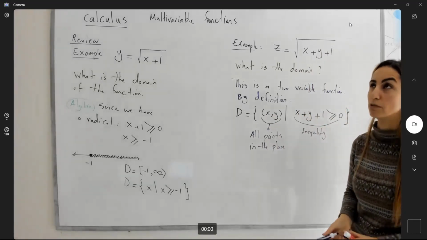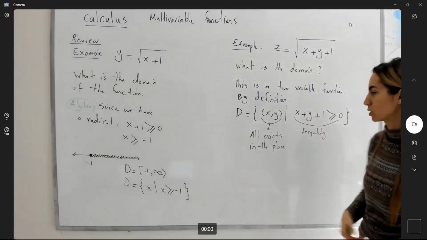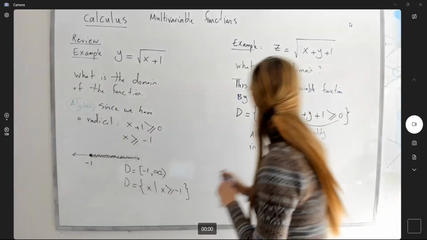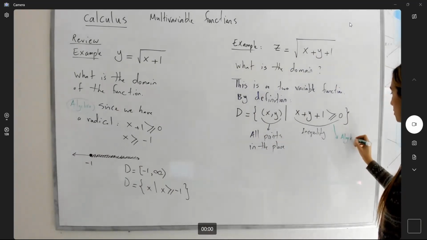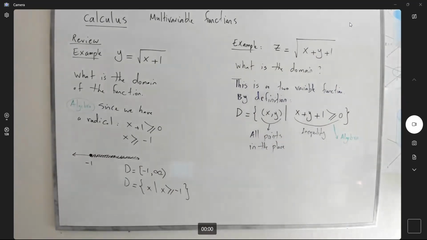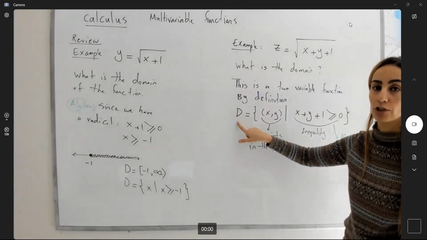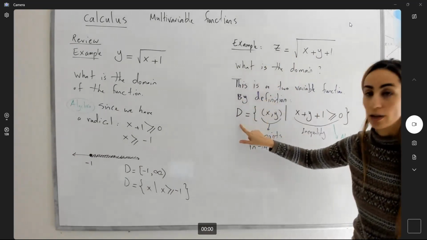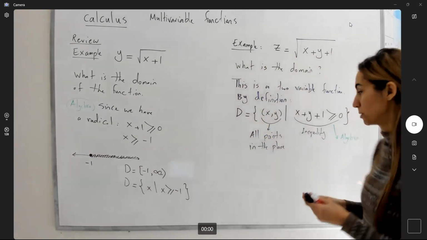Where have I learned about inequalities? Oh yeah, algebra. It's just pure algebra. If I ask you to graph this, you can easily visualize it. Again, note that I'm just talking about the domain of the function. I'm not visualizing z. I'm just trying to visualize, analyze, and understand the domain of this function.